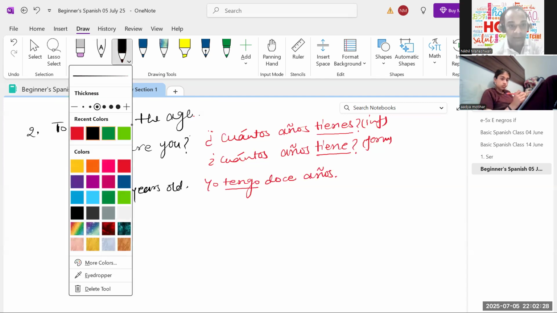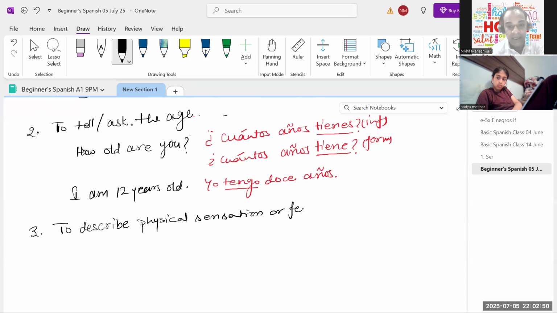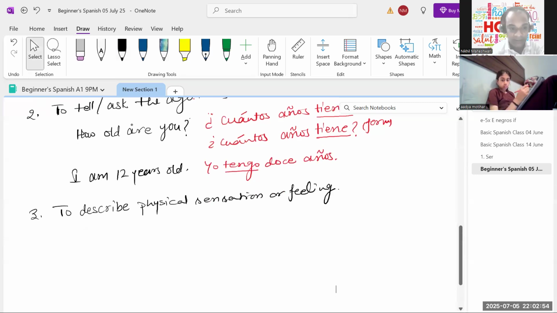Next usage. To describe a physical sensation or a feeling. What are those?